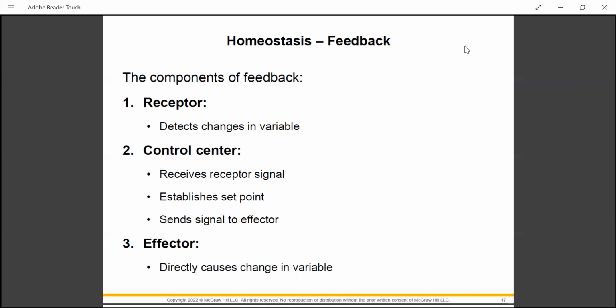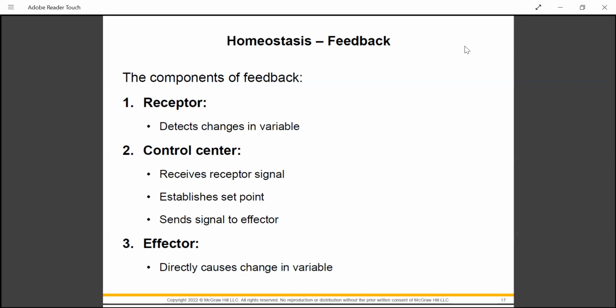The control center, typically we're thinking of this as the brain in some capacity, not always, but you can think of our control center as the brain or what's in charge. It's going to receive the signal from the receptor. It then has to interpret what that signal means. It's going to establish a set point or refer to the set point, and then it's going to send a signal to the effector. The effector is what actually causes a change in the variable.